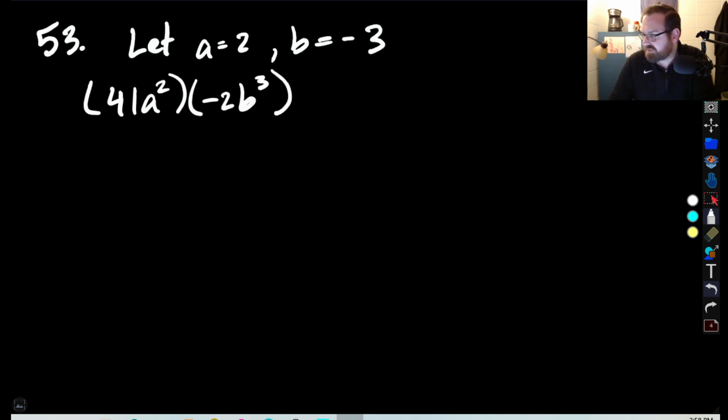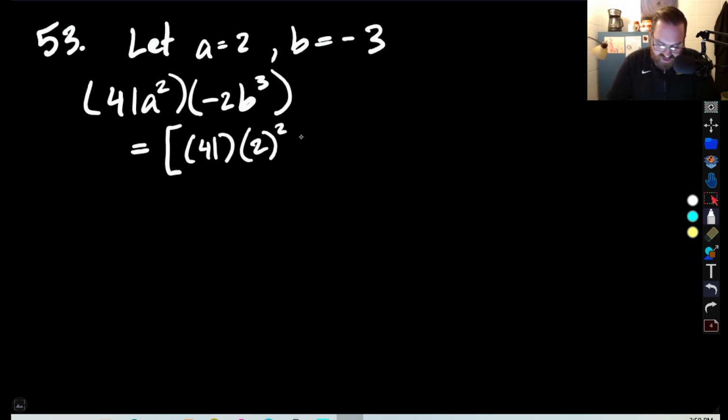And what I need to do is make sure that I'm substituting these particular pieces in right here. So in other words, this is kind of what it looks like. I'm going to change these to square brackets because I've got a lot of brackets going on. 41, the a is going to be a 2, so this is 2 squared, and we're multiplying it by minus 2 times minus 3 cubed.